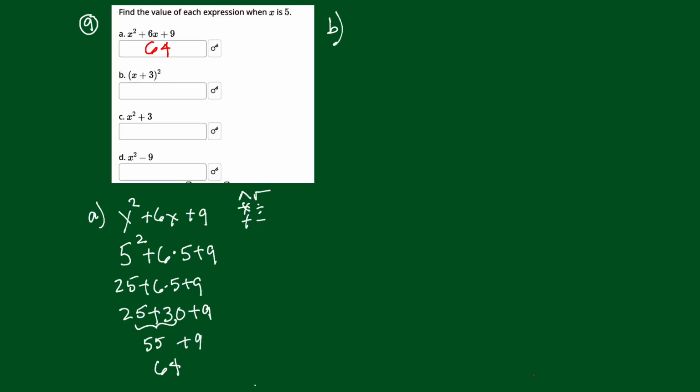Now for part B, we have this expression, x plus 3, and we're going to square it. So let x equal 5. So when x equals 5, right, put the 5 back right in here for x, we will get 5 plus 3 squared. Working in the parentheses first, we'll get an 8 squared, and that will give us 64.